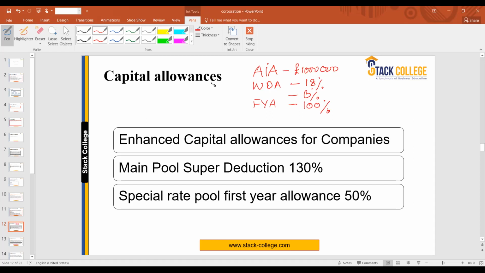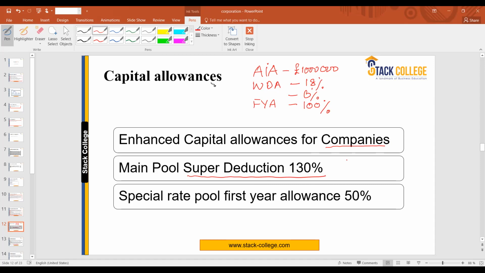Now, in addition to that, in case of corporations, enhanced capital allowances are available. If they have purchased any qualifying plant and machinery, which is part of the main pool, then instead of AIA we will claim super deduction of 130%.